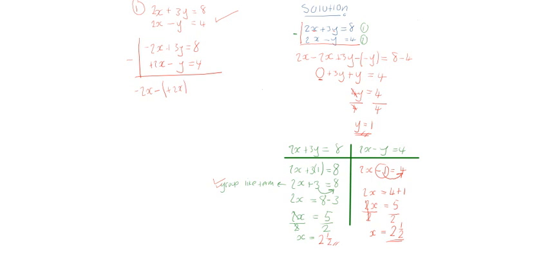Now, let us try to see if these two will be eliminated. Okay, so negative 2x. What is negative times positive? Negative times positive is, yes, it's negative 2x.